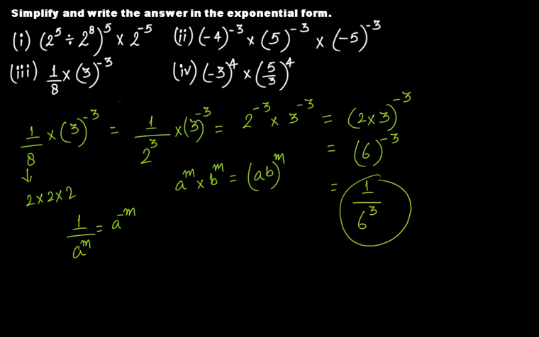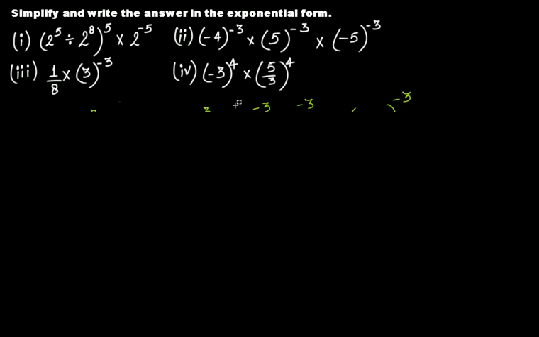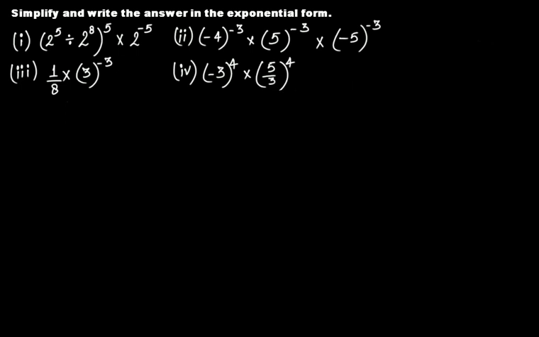Okay. Last one is minus 3 raised to power of 4 multiplied by 5 by 3 raised to power of 4. So your fourth one is minus 3 raised to power of 4 multiplied by 5 by 3 raised to power of 4.